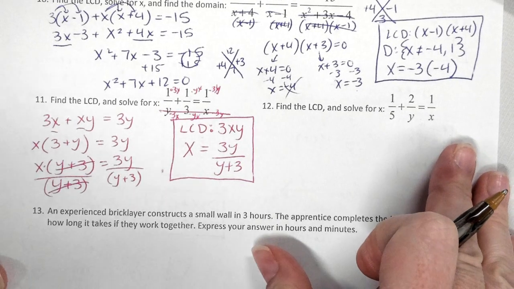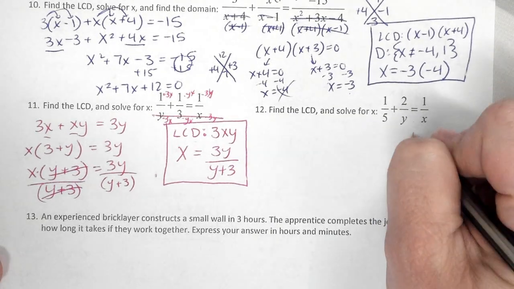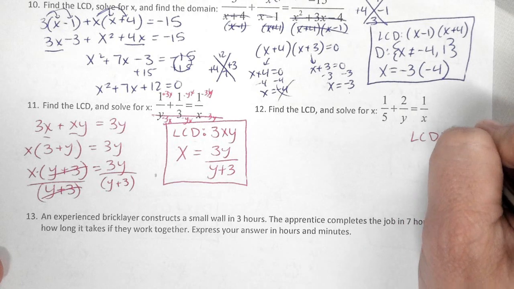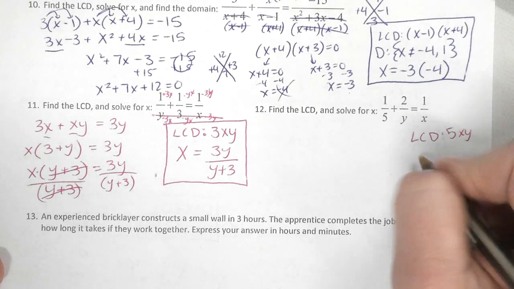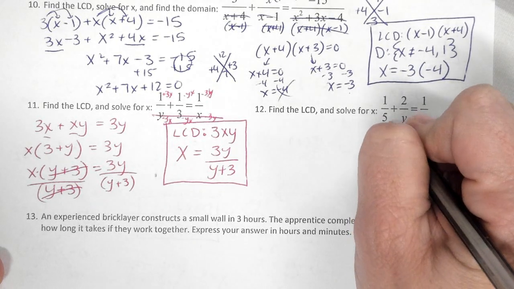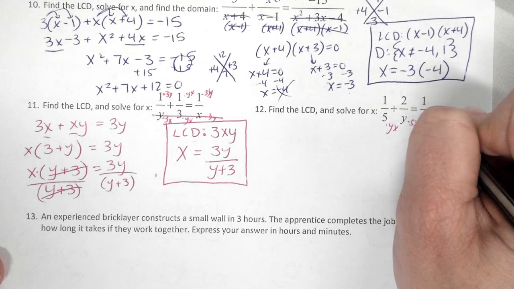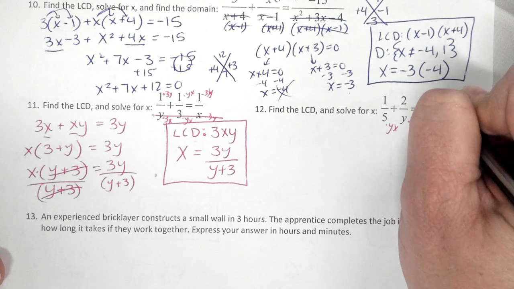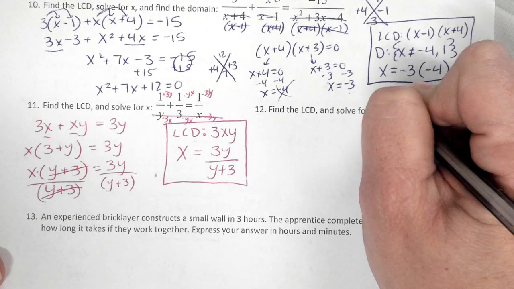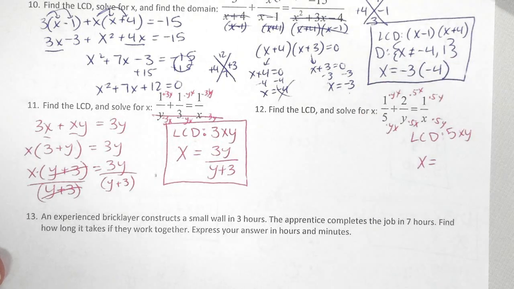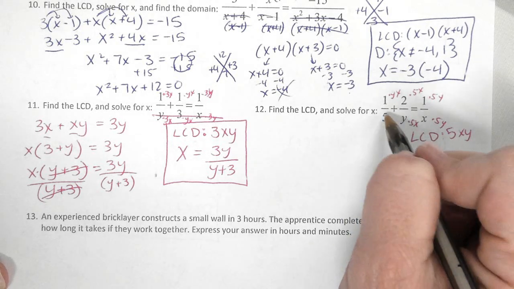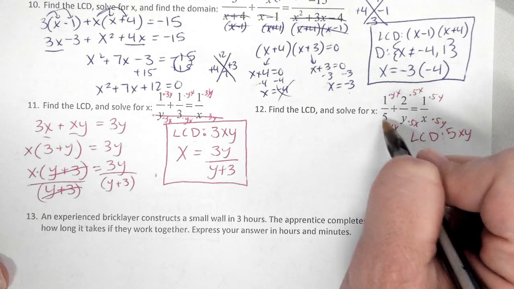So 12 is very, very similar. My LCD here is 5xy. So let's solve for x. So times yx, times 5x, times 5y. Remember, the same thing I did on the bottom is what I do on the top. So this is 5xy, 5xy, 5xy, so I cancel.